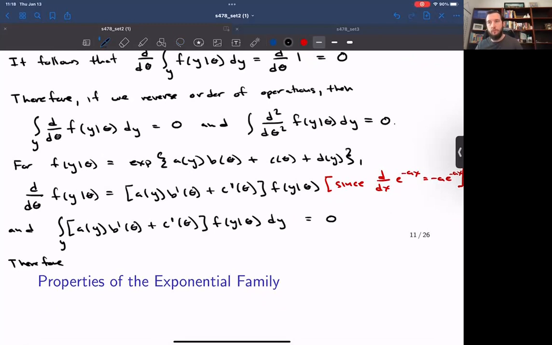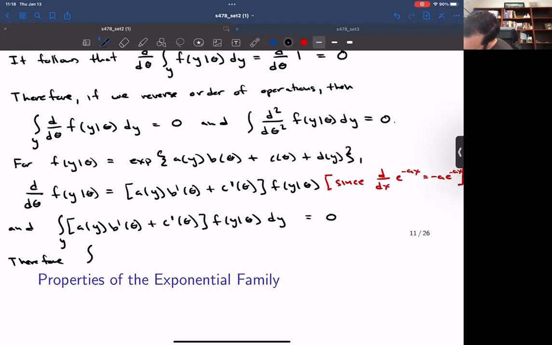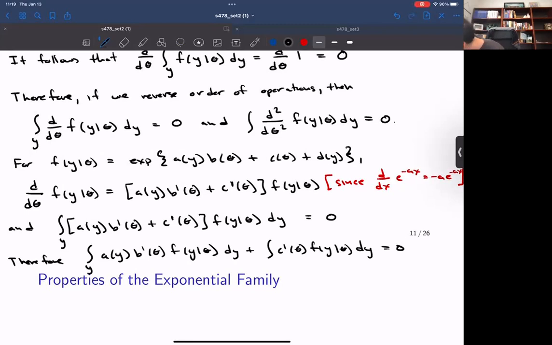So if we bring f of y inside, the integral over y of a of y b prime theta f of y given theta dy plus the integral of c prime theta f of y given theta dy is equal to 0.